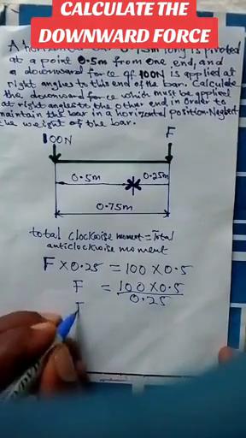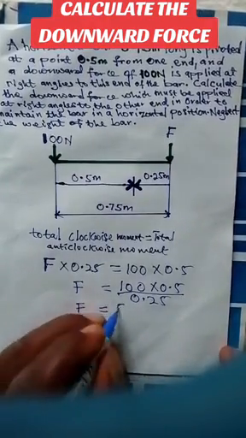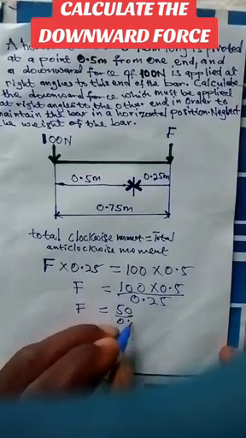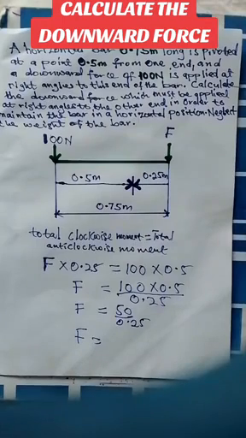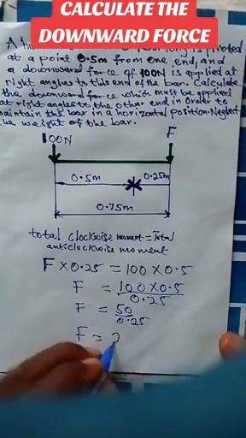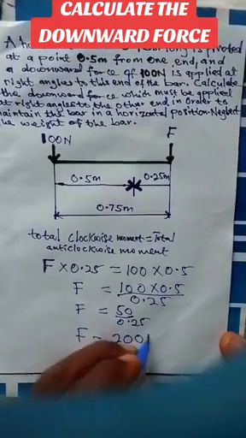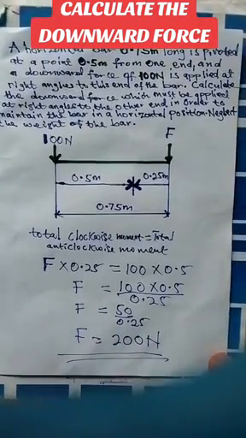So force equals 50 divided by 0.25, which gives us 200 Newton. So this is the answer.